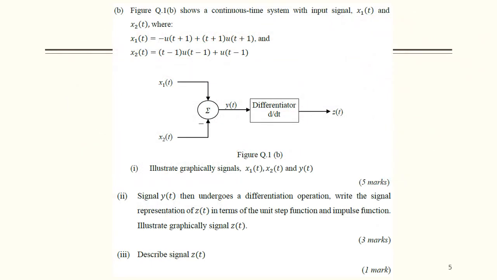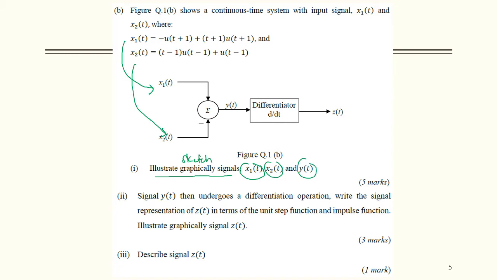In question 1b, you have a figure Q1b, a continuous system, with the given inputs x1 and x2. For the first question, illustrate graphically, meaning you need to sketch three signals: x1, x2, and y(t).